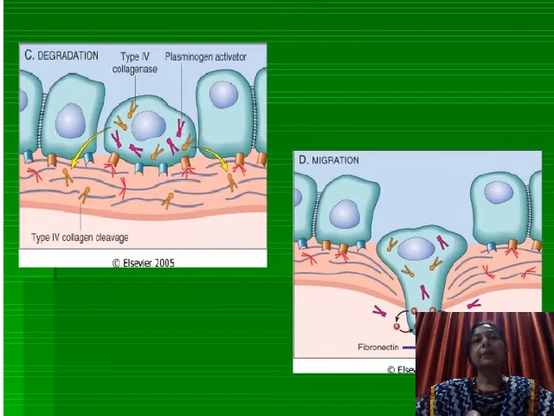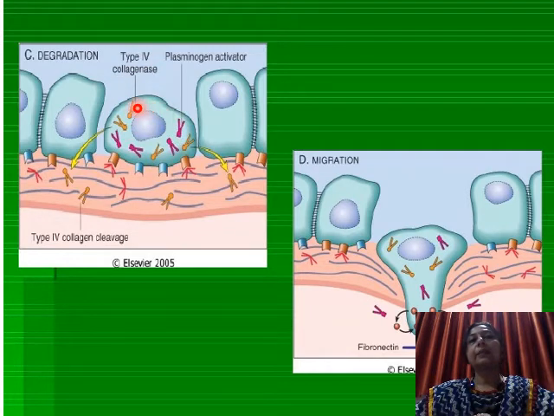Due to that attachment, type 4 collagenase, a proteinase enzyme, is secreted by the tumor cell, and that will degrade the basement membrane. Once the basement membrane is broken, this causes migration of the tumor cell out of the basal lamina, which is known as migration.